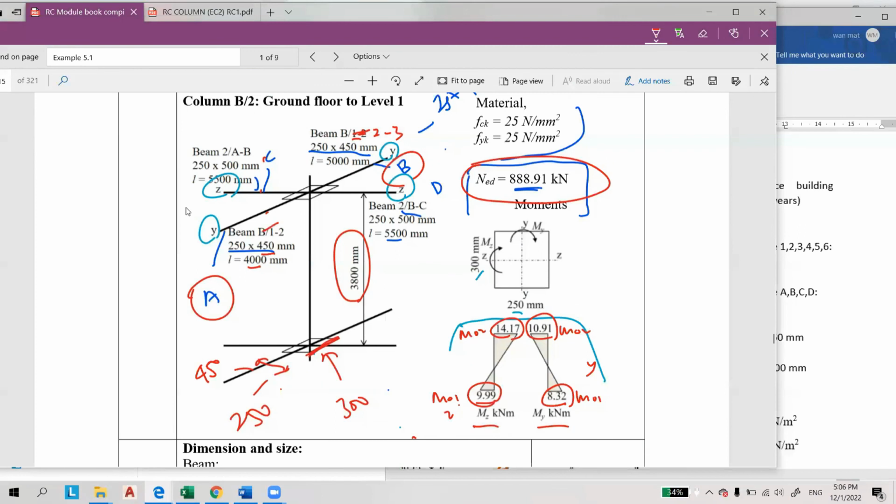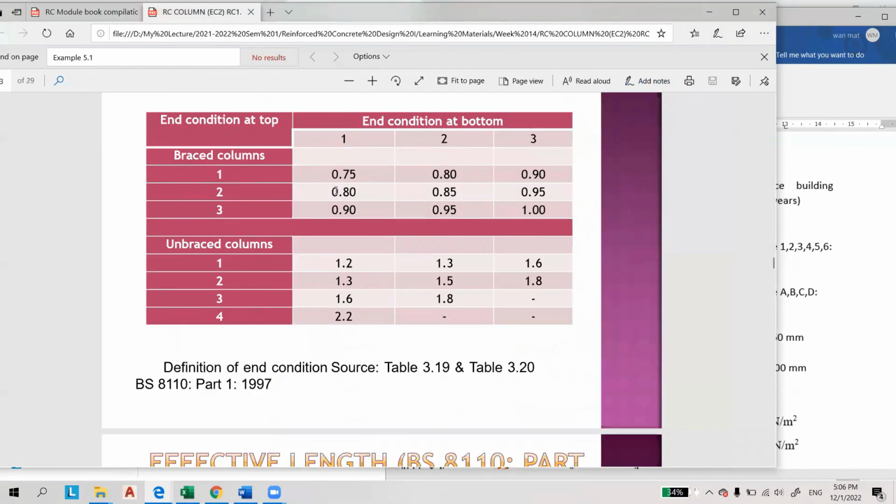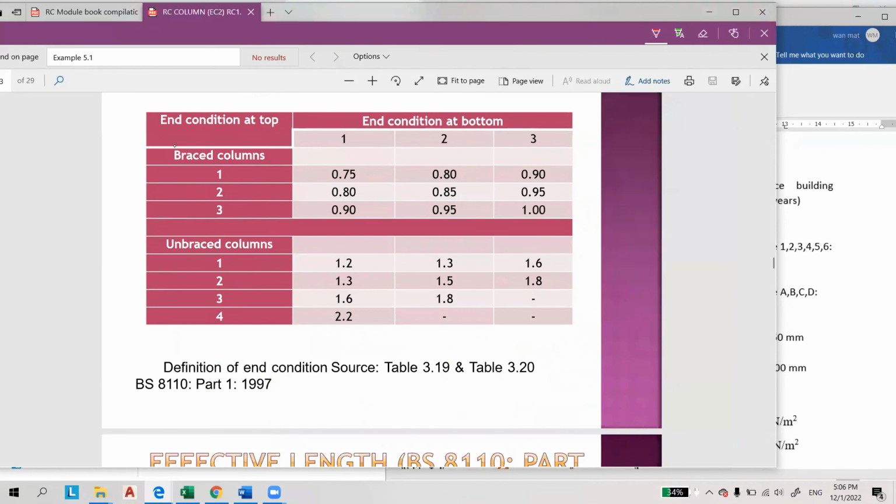So the end condition is 1 at the top and also 1 at the bottom. Since the end condition is 1, you simply select here. At the bottom the end condition is 1, and at the top the condition is also 1. So the coefficient is 0.75.